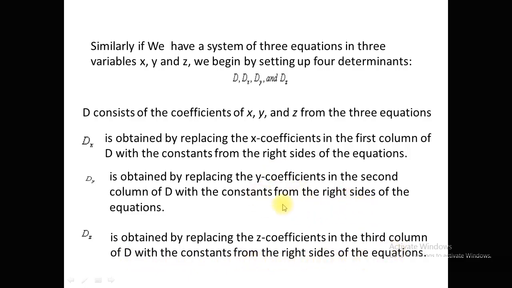At the end, to find the value of x, divide the determinant value of Dx by the determinant value of D. For y, divide the determinant value of Dy by the determinant value of D, and for z, divide the determinant value of Dz by the determinant value of D.